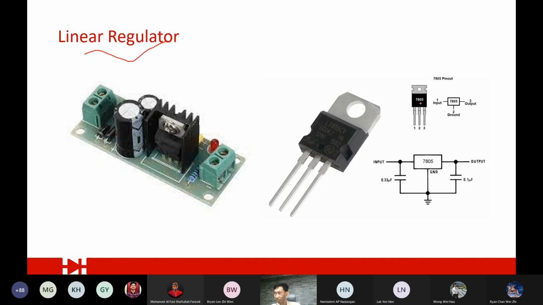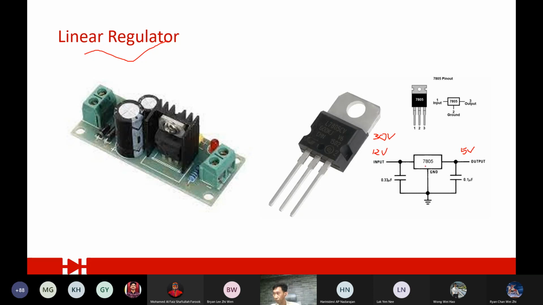Take the 7805: your input here, let's say, is 12 volts, and it will regulate your output to 5 volts regardless of changes in your load. It will always give you 5 volts. This is one of the typical applications of a DC-DC converter. You can also increase the input up to 30 volts, and it will still give you 5 volts.